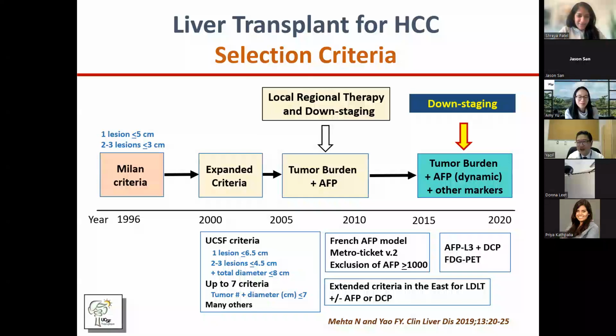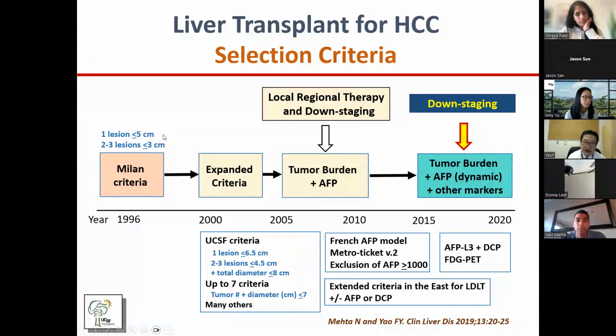So just giving you a historic perspective, our approach to selecting patients for liver transplantation has really evolved in the last 2 decades. The Milan criteria clearly established liver transplant as a curative treatment for early stage HCC.